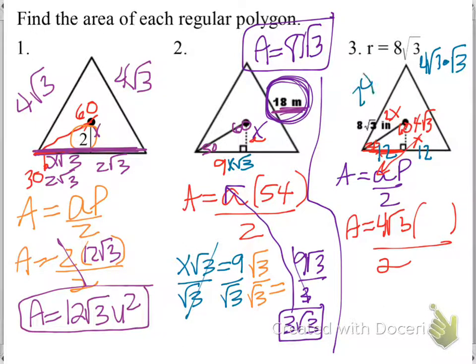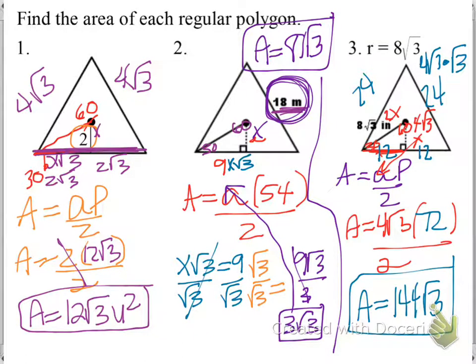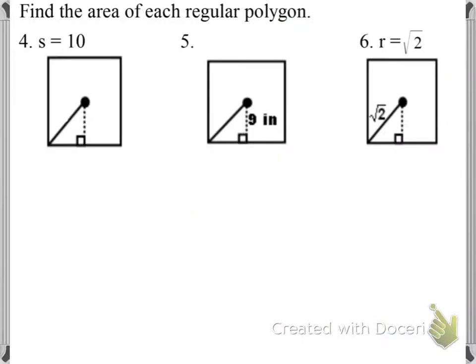So it'd be 24, 24, and 24, and the perimeter is 72. Now 4 root 3 times 72 divided by 2 gives us 144 square root of 3. Again, I keep forgetting to put units squared on all of these, but we are talking area here.